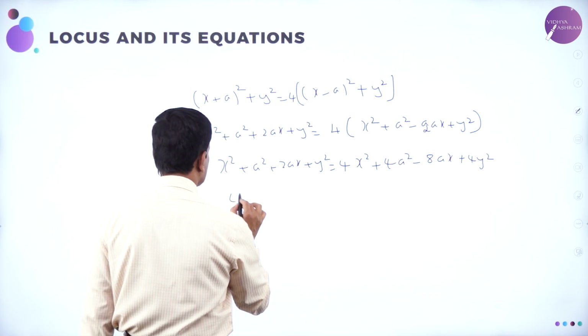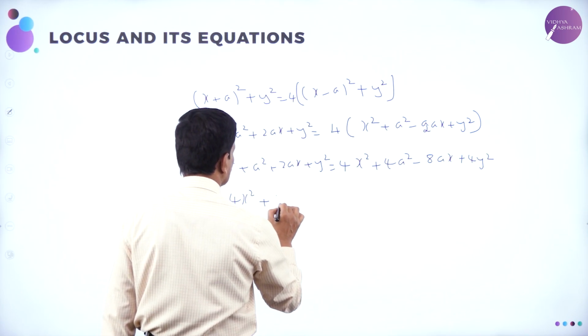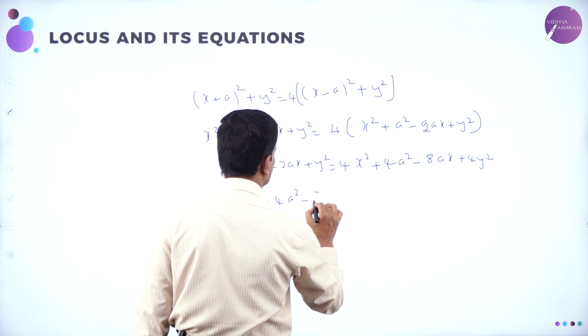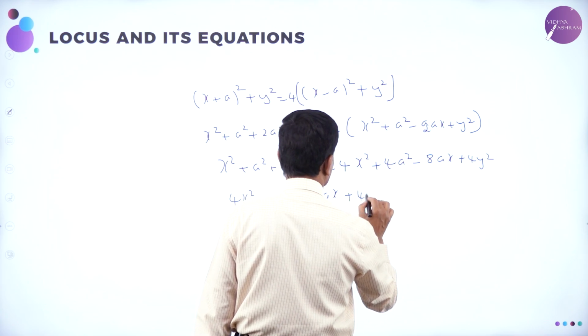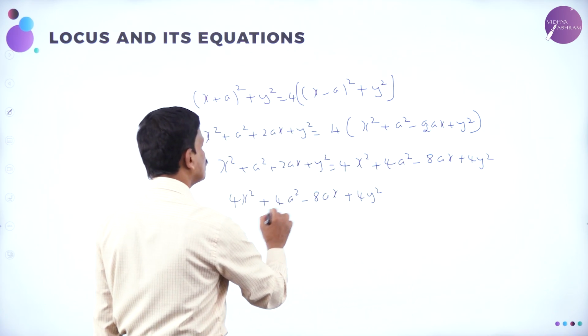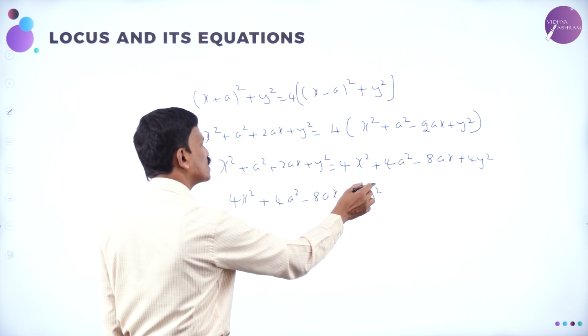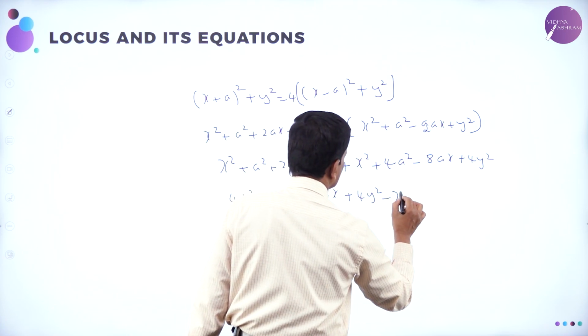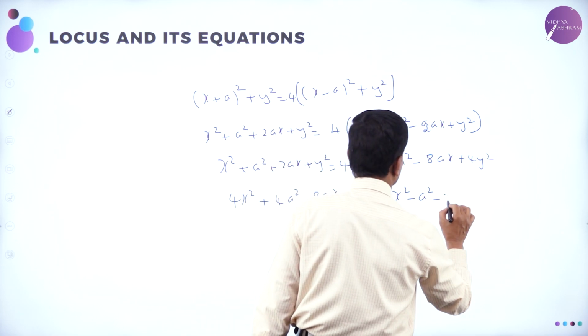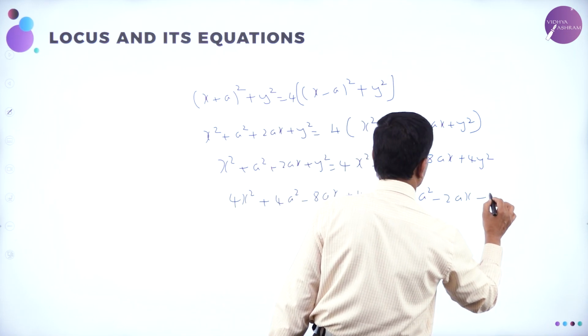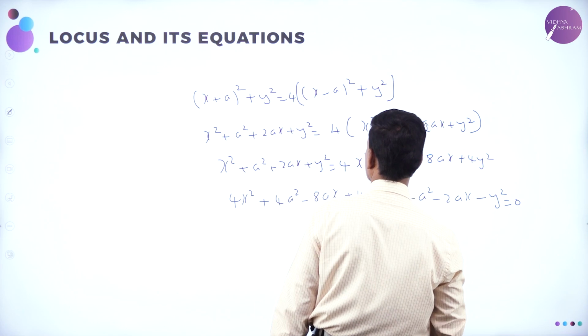Transfer this to the left hand side. What we will get? 4x square plus 4a square minus 8ax plus 4y square, and this becomes minus x square minus a square minus 2ax then minus y square is equal to 0.